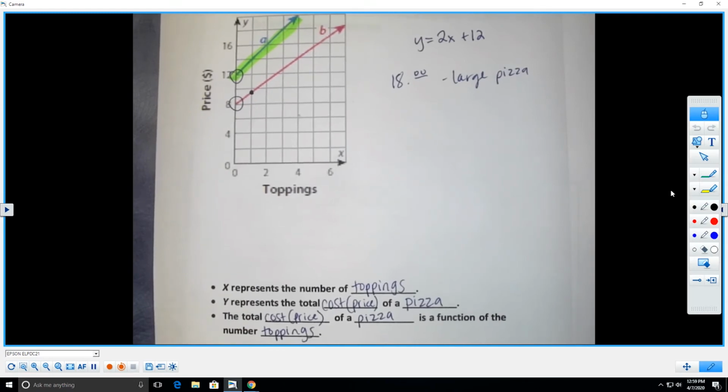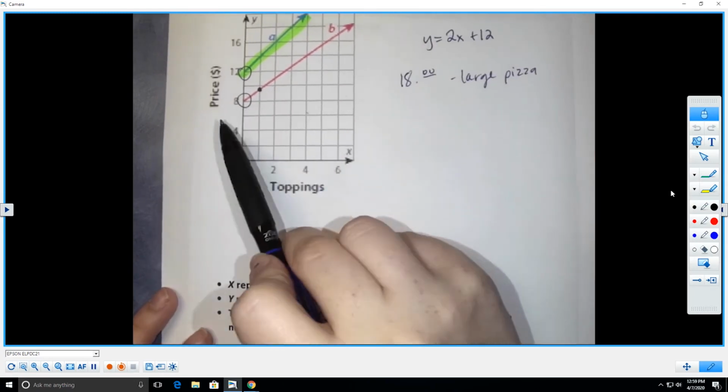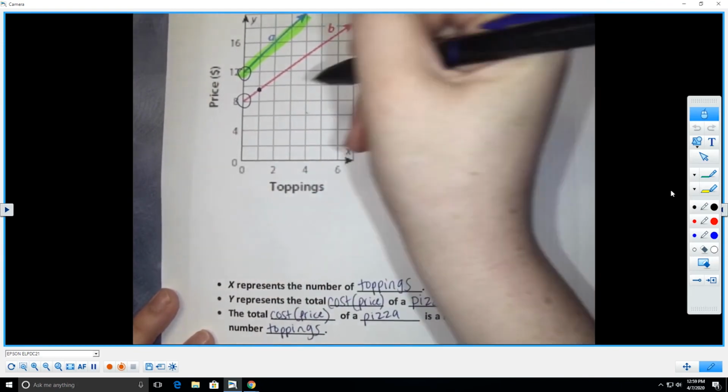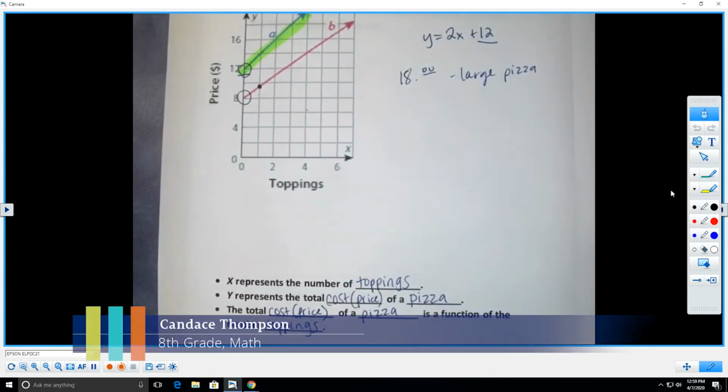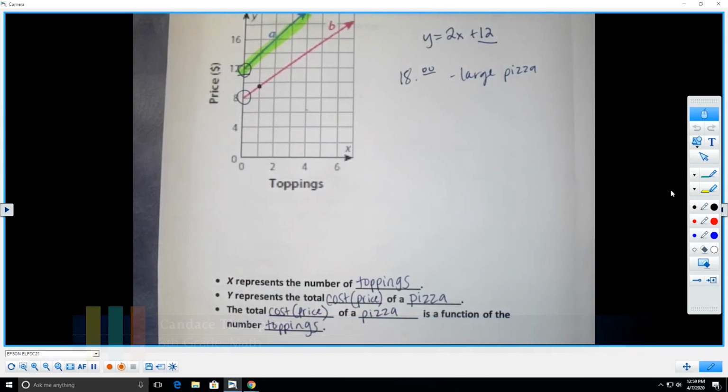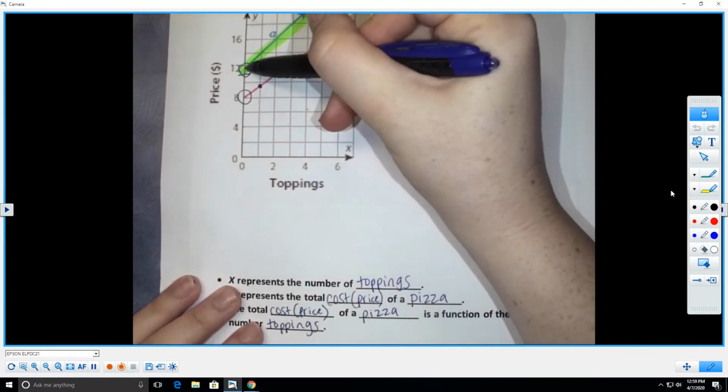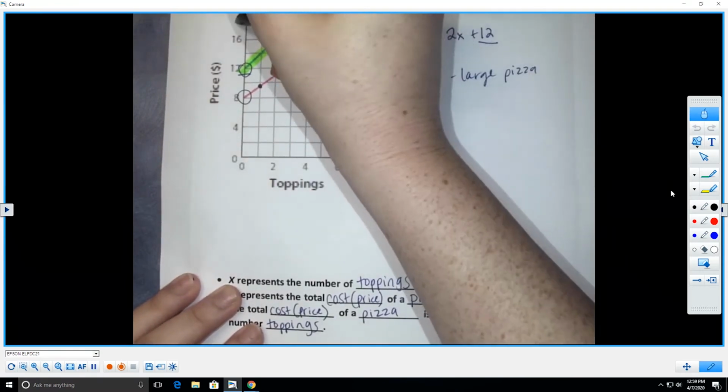Okay, so did you figure out that if the pizza costs $12, no matter how many toppings he gets, and each additional topping is $2 on the large pizza, then Mitch got 3 toppings. Let's look at the graph. So I'm going to look for when this is 18.